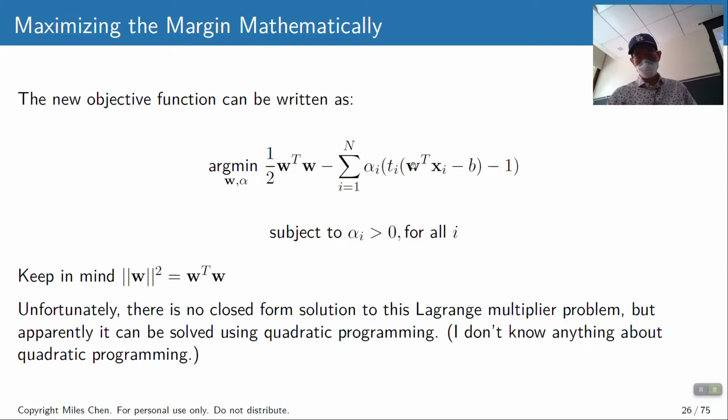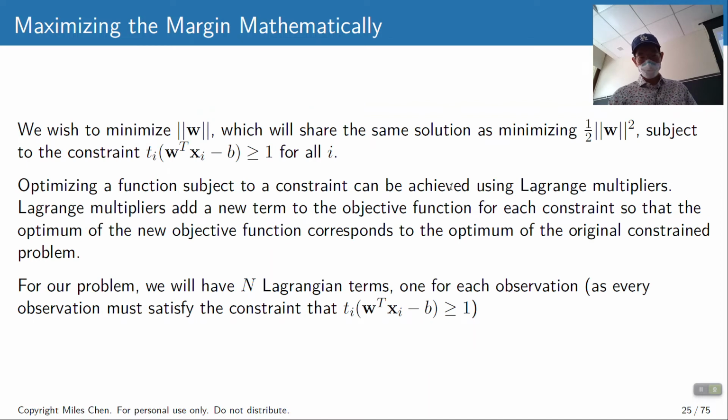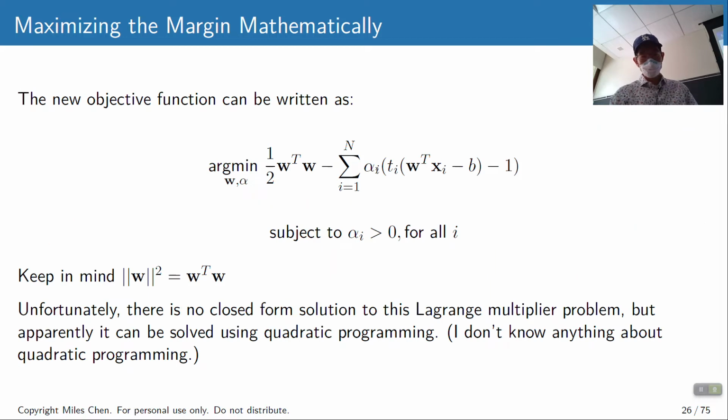Because we're adding that term. And we've got a whole bunch of these, with the Lagrange multiplier, and this has to be true for all of the observations that we have in our data set.